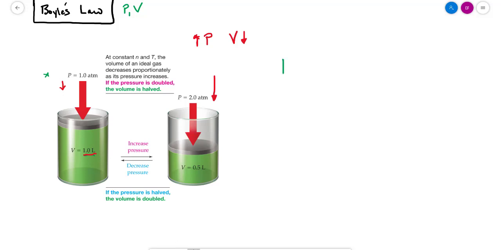We could say that pressure is proportional, and I'm going to use this sign for proportionality, to 1 over volume, meaning they have an inverse relationship. As you increase the pressure by double, the volume decreases by double, or by half in that case.